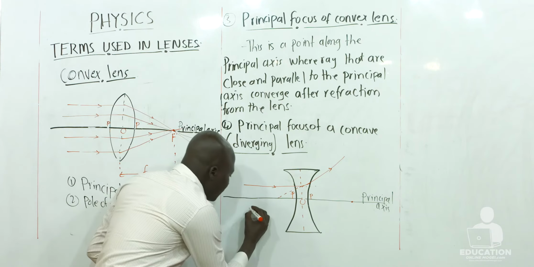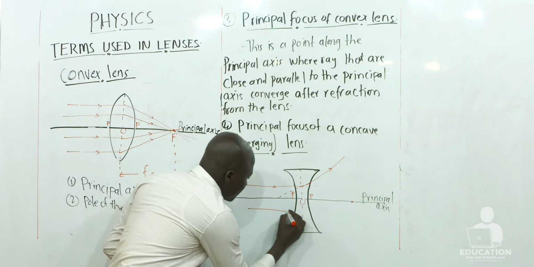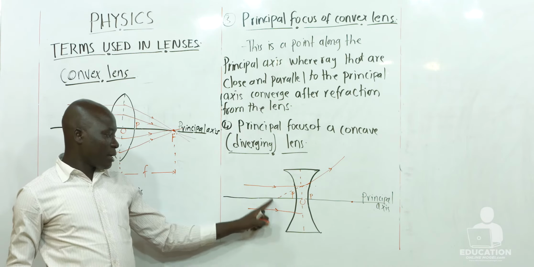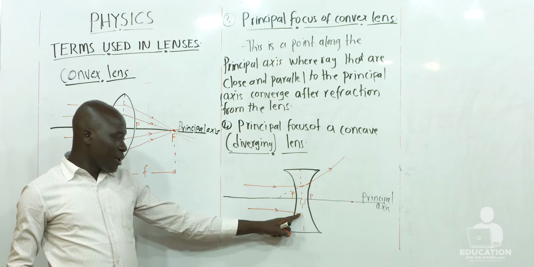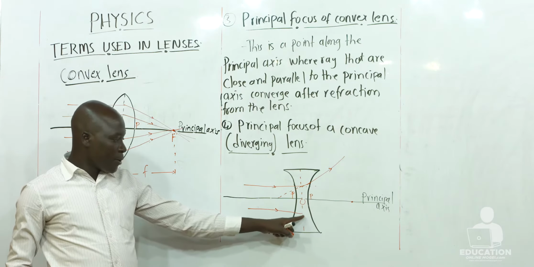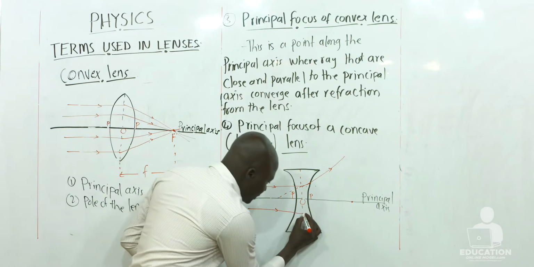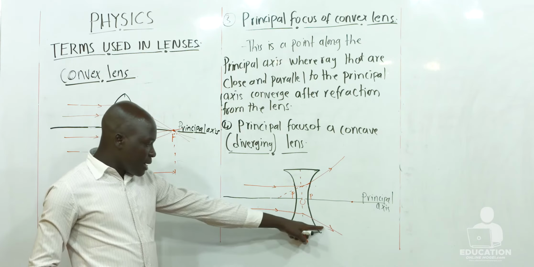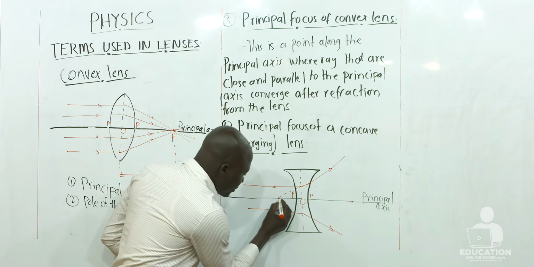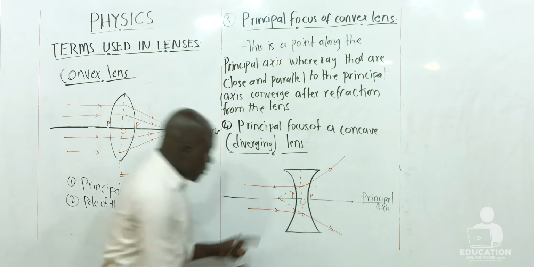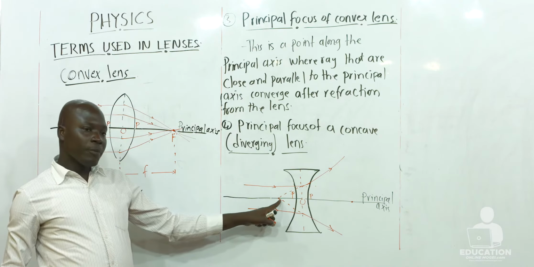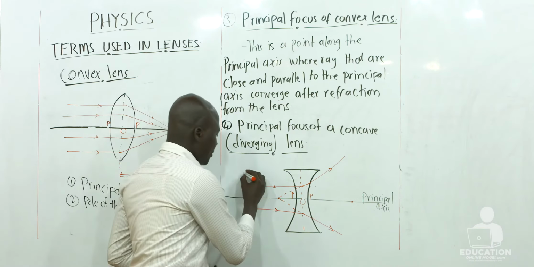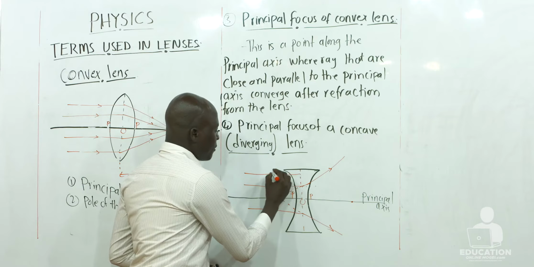Also, if we have another ray that is still close and parallel to the principal axis, after touching the concave lens, it will be refracted in that direction. But it will appear like the ray is coming from a certain point on the principal axis. There are many rays falling on it.